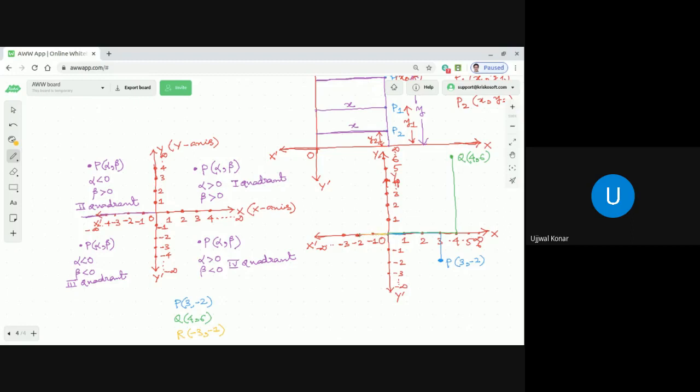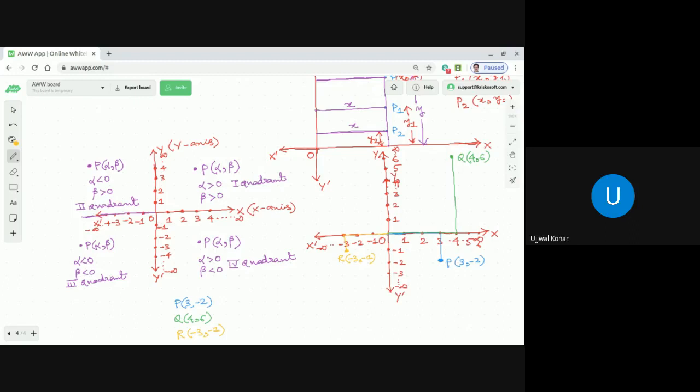So -3, I come. After that, I stop for a while and look for the y coordinate, that is -1. -1 means below the x-axis. So I'll come down a distance of 1 and stop here. So I get the point R, -3, -1. Now tell me, Kalpita, which quadrant is this point in? The third quadrant.